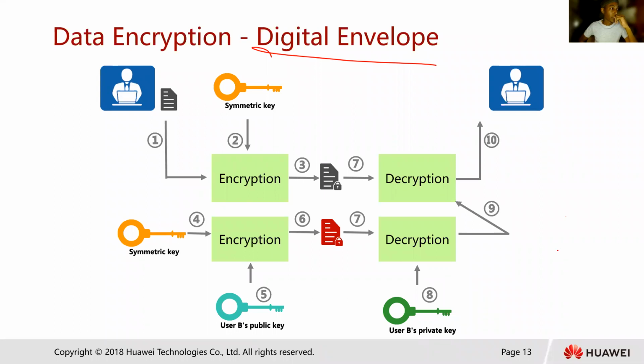So you realize that is the same concept of the digital envelope. The symmetric key will be encrypted using the public key of the receiver. The private key of the receiver will be used by the receiver to decrypt that digital envelope and get the symmetric key, and now use it to decrypt the data.